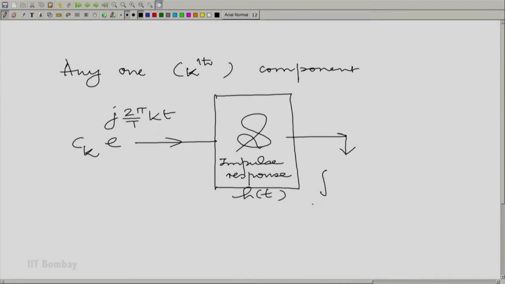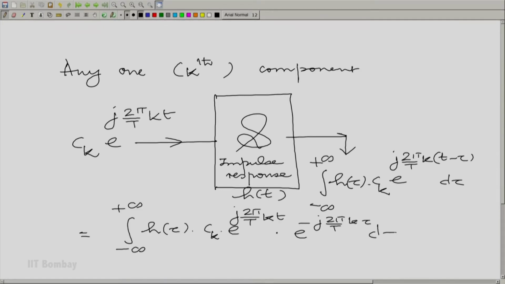It's the integral from minus to plus infinity. You could keep the h(t) as it is, so make that h(lambda) or h(tau) as you desire, and write c_k e^(j 2 pi/T k (t minus tau)) d tau.